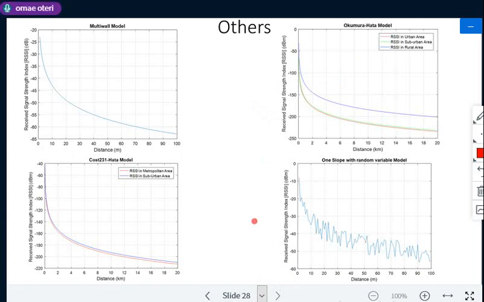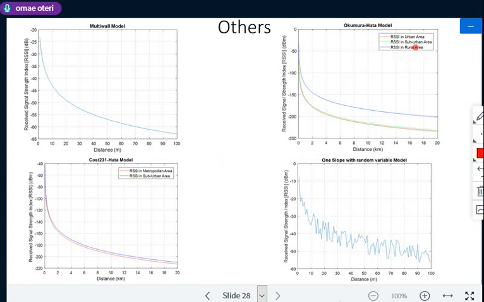So the others, which you also have, the multi-wall, which means you are taking a number of walls. The COST 231 ATA model to also have metropolitan and suburban. There is the Okumura ATA, which picks for us the urban area, suburban area.